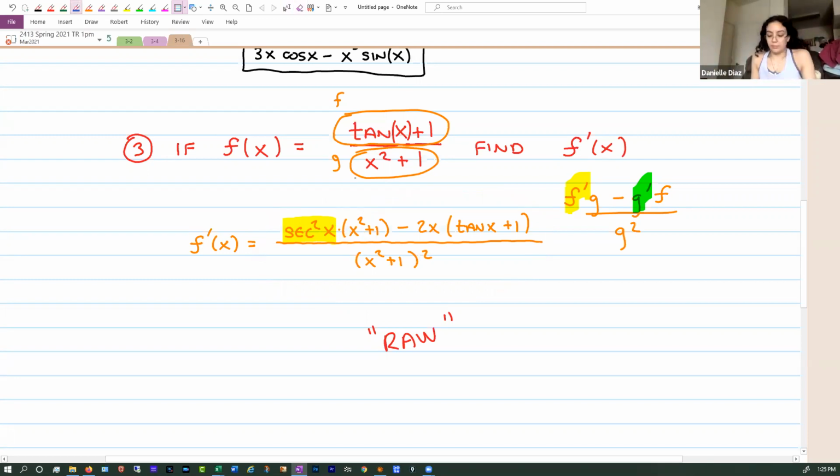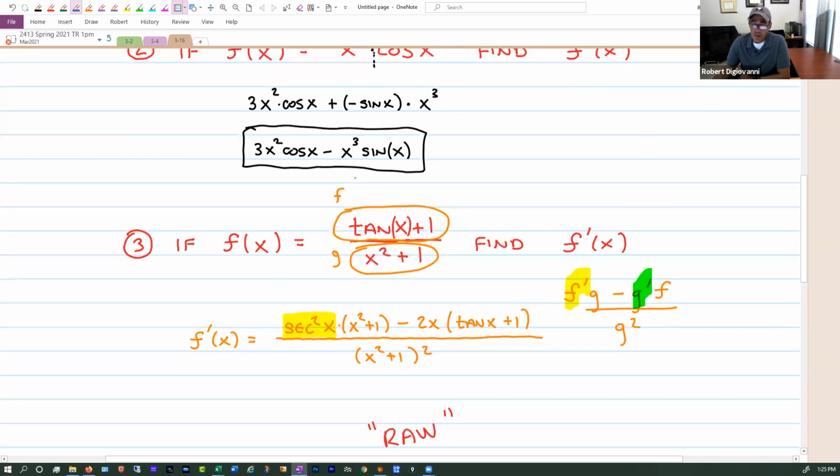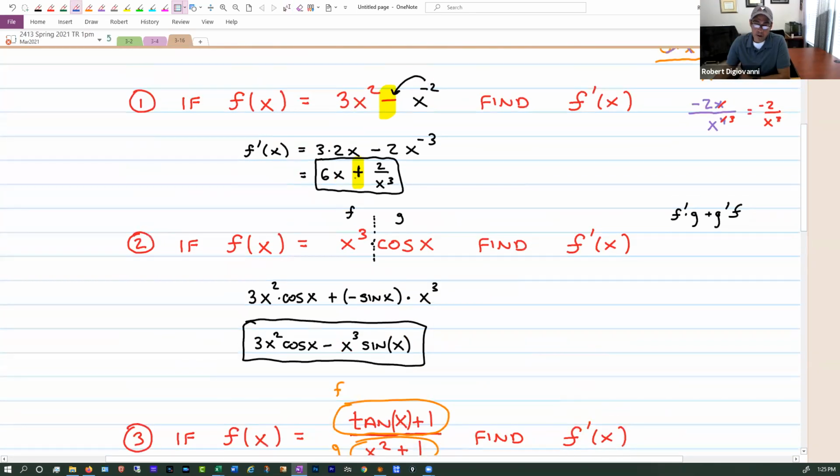Okay, so everyone in this class is going to be at a different level right now in terms of comfort with these derivatives, but I'm trusting that you've done your homework, that you understand your homework, that you've done everything up through and including the quotient rule. Now we move on to the chain rule, but I have to warn you that if you're not comfortable with these rules, chain rule is going to be a nightmare.